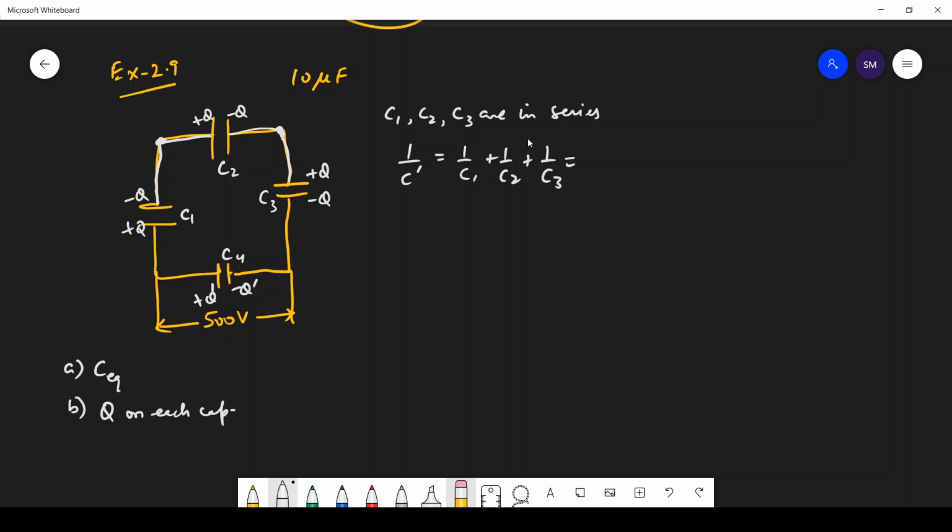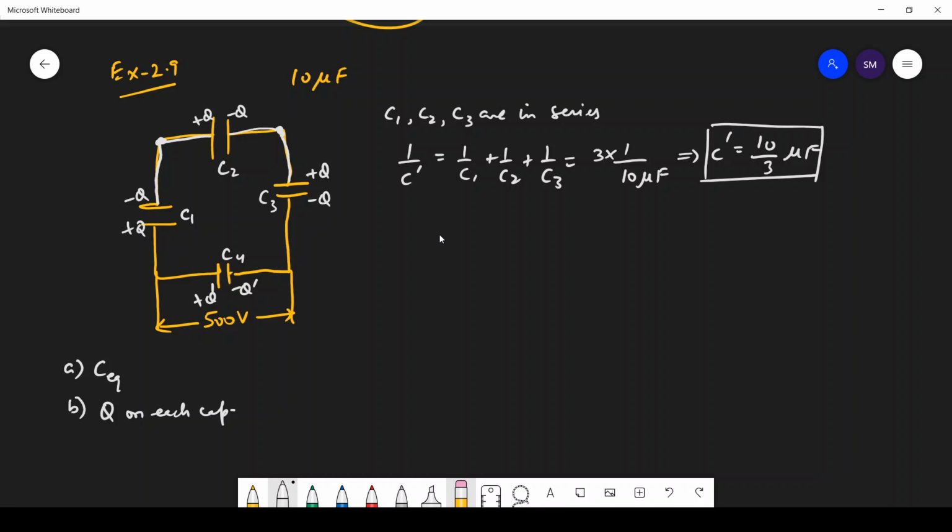So all three are the same, so 3 multiplied by 1 upon 10 microfarad, right? And C dash will be the reciprocal of this. So C dash is equal to 10 by 3 microfarad.